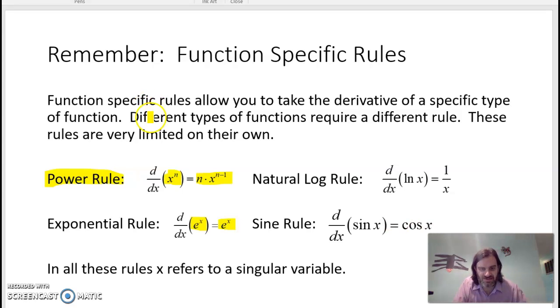So in these cases where you see x with these introductory function-specific rules, power rule, exponential rule, so on, you are limited to a very specific function to work with here. Okay, so all of these you're looking at just x being a variable.